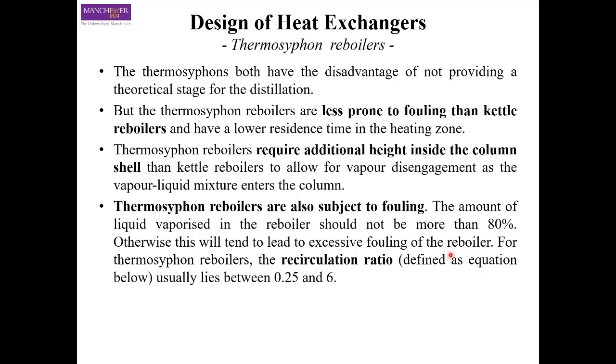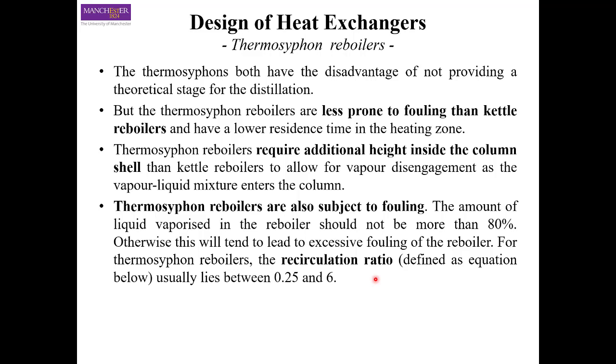For thermosiphon reboilers, there is a very important characteristic parameter called the recirculation ratio. The recirculation ratio defines to what extent we are producing vapors from the liquid entering the system.